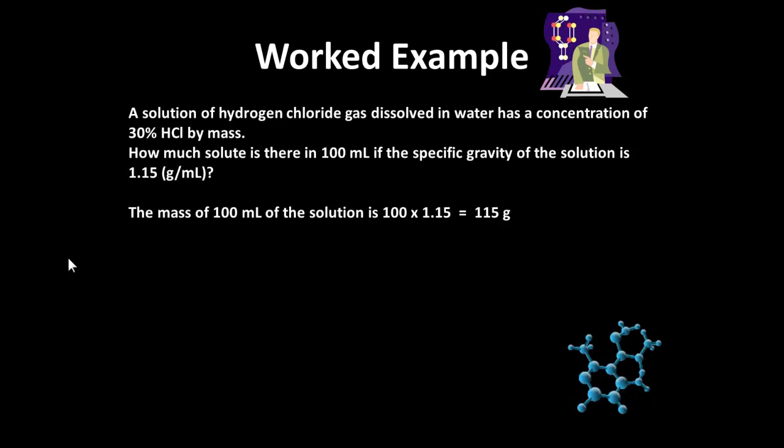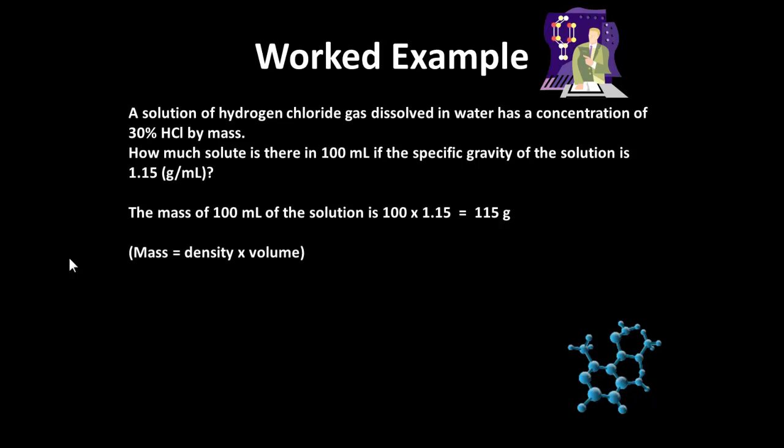Well, we need to start with finding the mass of the solution. If we know that the volume of it is 100 milliliters and the specific gravity, or if you're older like me, the relative density is 1.15, multiply 100 by 1.15, we have 115 grams. So now we have the mass of the solution.